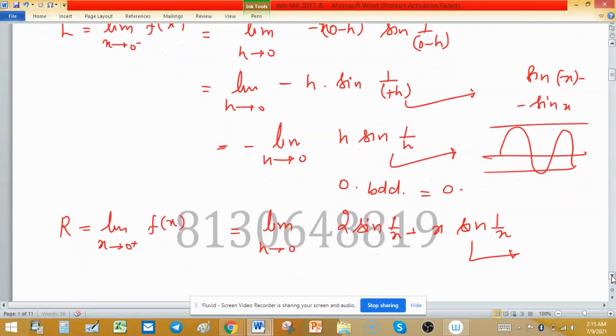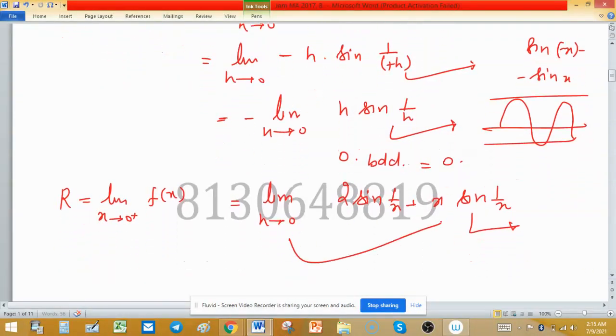How? Whenever you apply the limit concept here, it will form h into sine 1 upon h. Since h is tending to 0, the limit of this part will exist: 0 into some bounded function, so the limit of this part is 0.